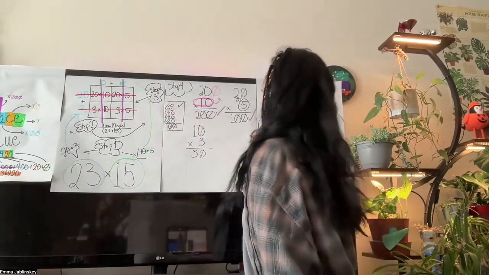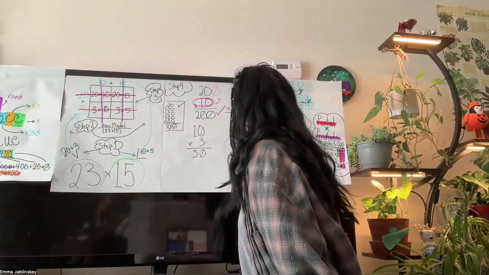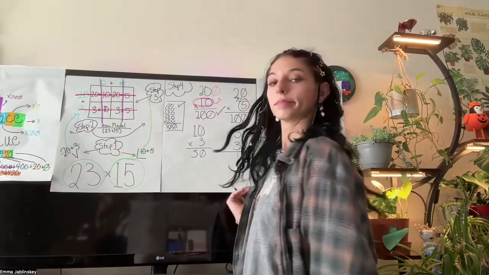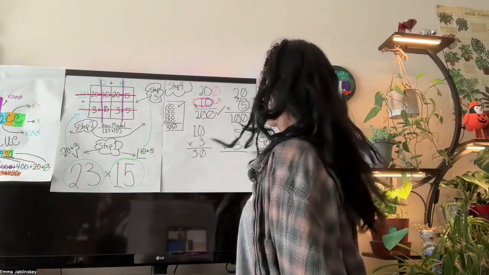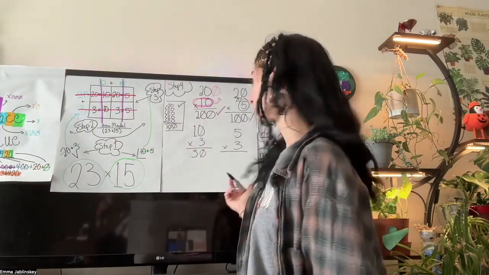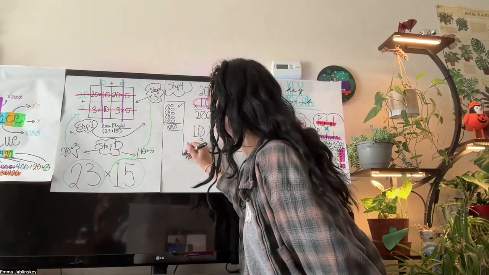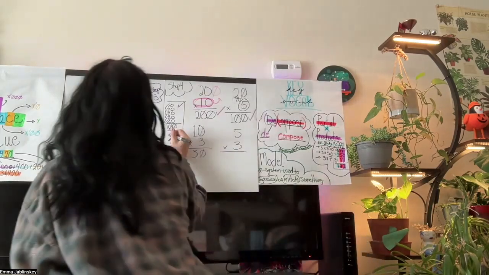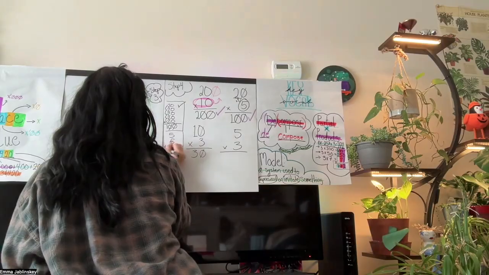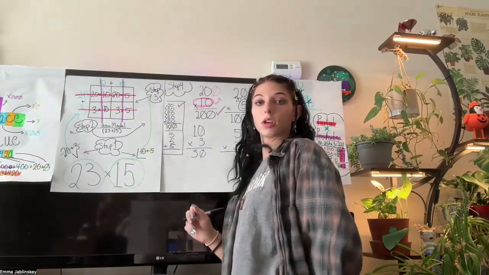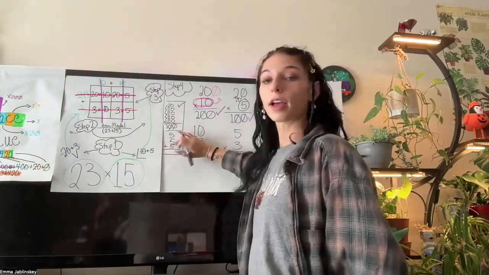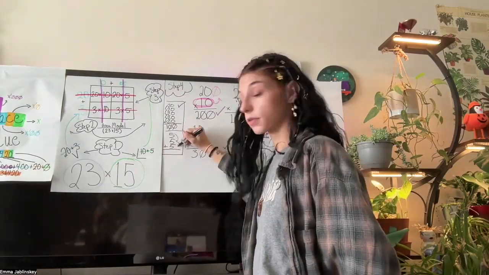And finally, we got 3 times 5. Now, there's no way to know this other than to just know it as a fact. Or you can add, like we did earlier over here, 5 plus 5 plus 5, or 3 plus 3 plus 3 plus 3 plus 3, but we're going to do it like this. 5 plus 5 is 10. 10 plus 5 is 15.